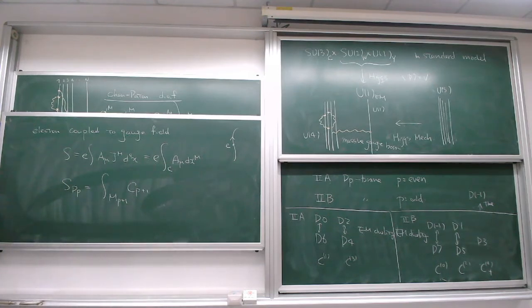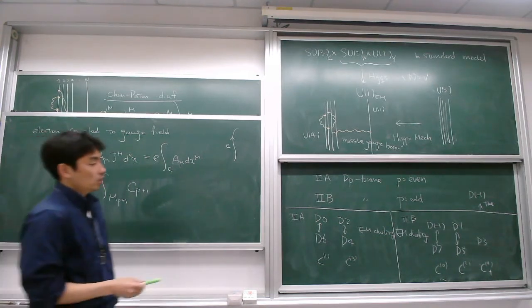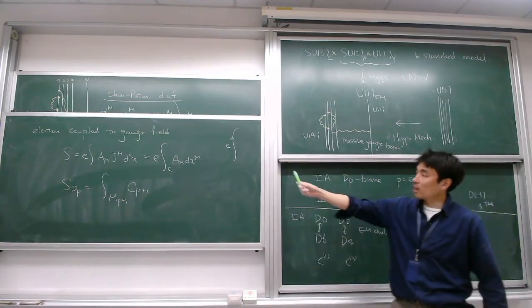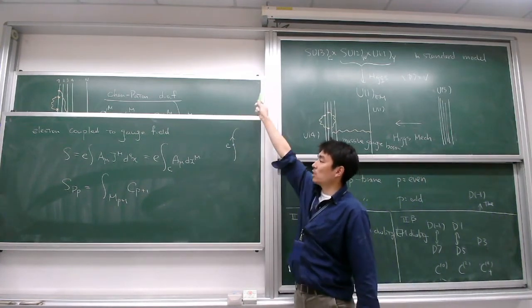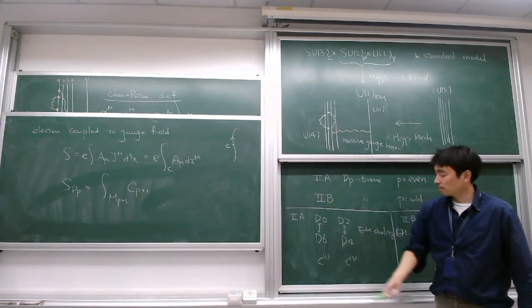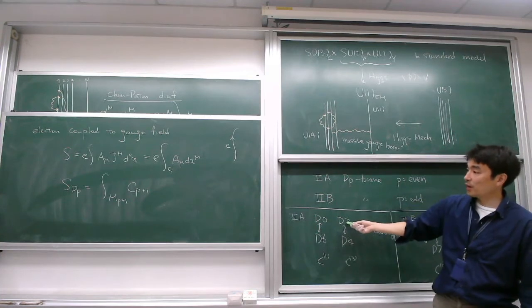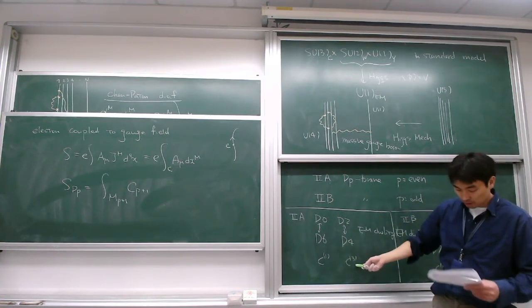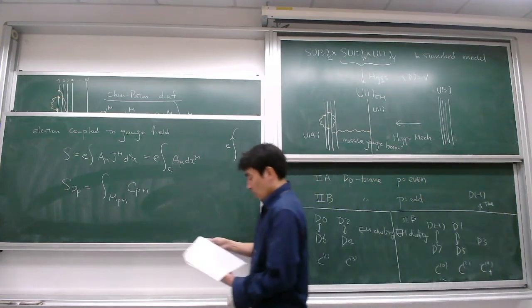Therefore, as I mentioned here, if you have a D0-brane, it's a point, like a point particle moving along the time direction. It can couple to this one-form. Similarly, if you have a D2-brane, it can couple to the three-form, and so on.